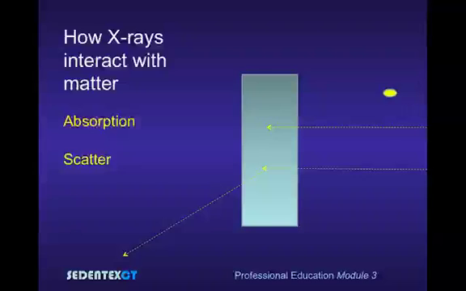Finally, X-ray photons can pass completely through materials without any interaction at all. Looking forward to a clinical context, this is of course important because if all X-rays were absorbed or scattered when they pass through material such as a patient's body, then you wouldn't get any image.